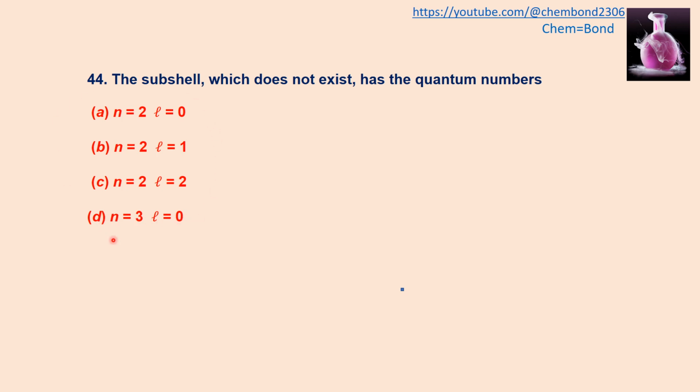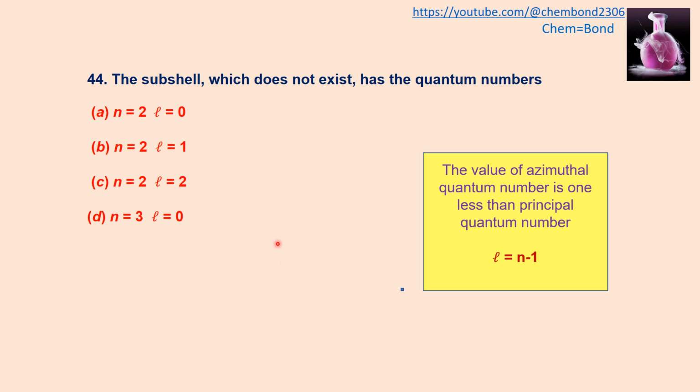If we look at all these values, it is a clear rule that the L value should be at least 1 less than the n value, which means the azimuthal quantum number has a value less than the principal quantum number. If we look at option C, both have the same value. It must have 0 or 1, but it is equal to the principal quantum number, which means it is not correct.